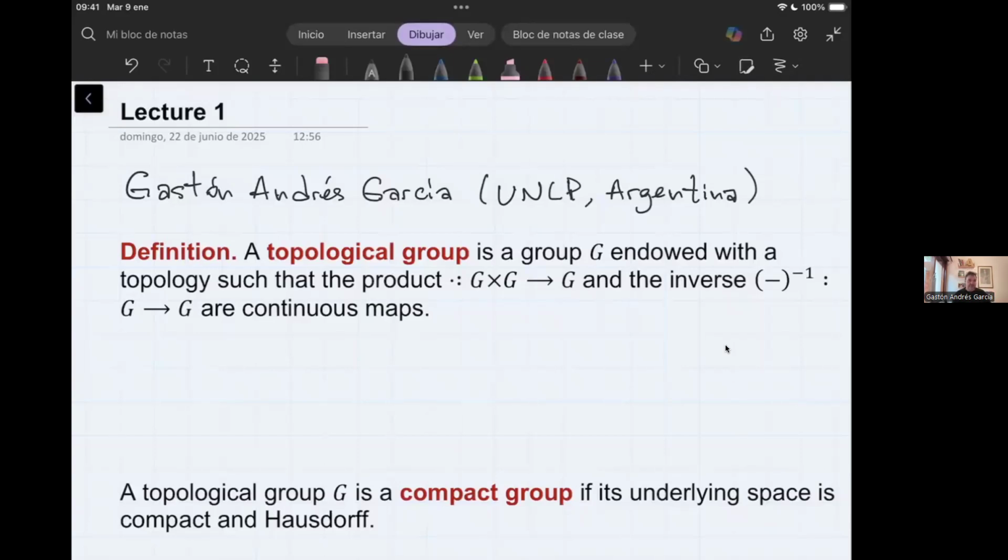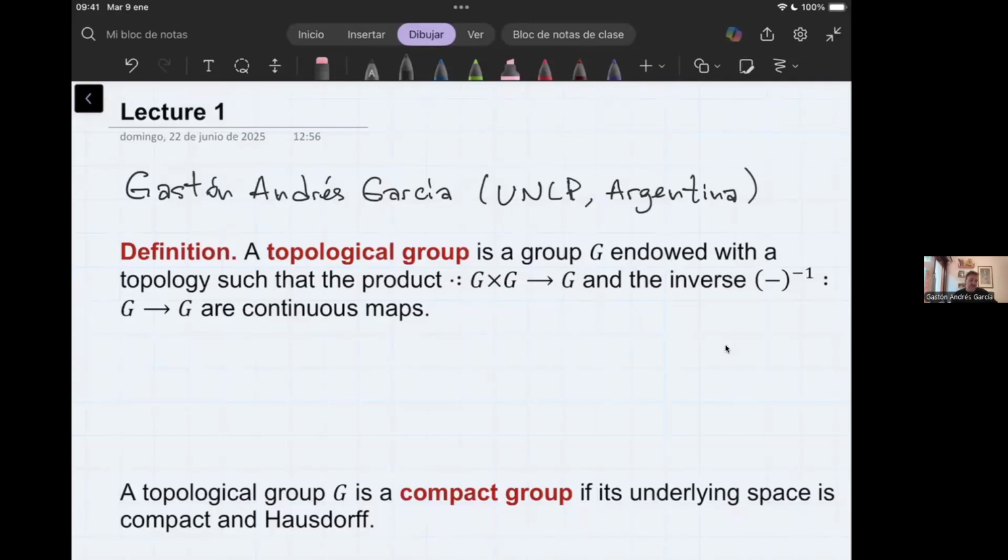So let's start with very basic definitions of what is a topological group. Everyone knows that a group is a set with two operations. One is the multiplication and the other one is the inverse. And the group has a unity or a unit. If one talks about an abstract group, that's it.